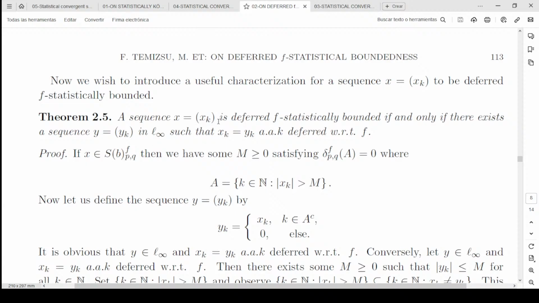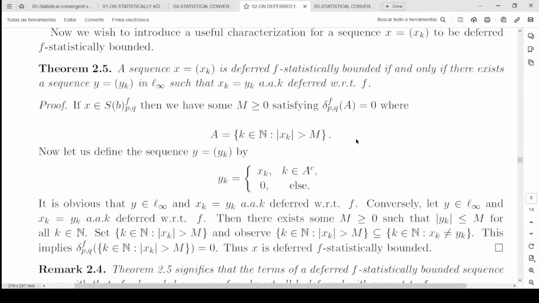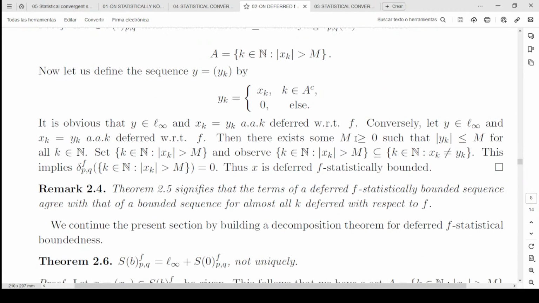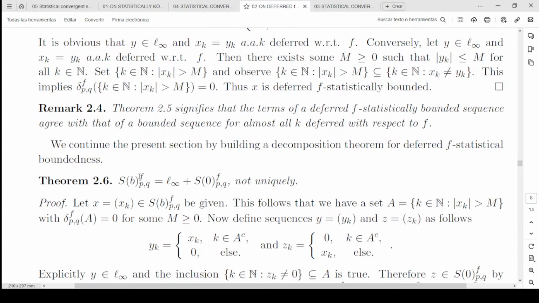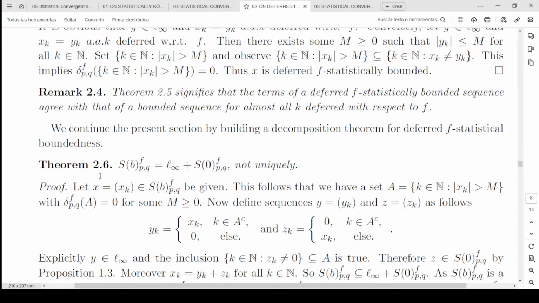The sequence xk is deferred f statistically bounded if and only if there exists a sequence y from bounded sequences such that xk equals yk for almost all k deferred with respect to modulus function f. So in this result we present a decomposition theorem for deferred f statistical boundedness.